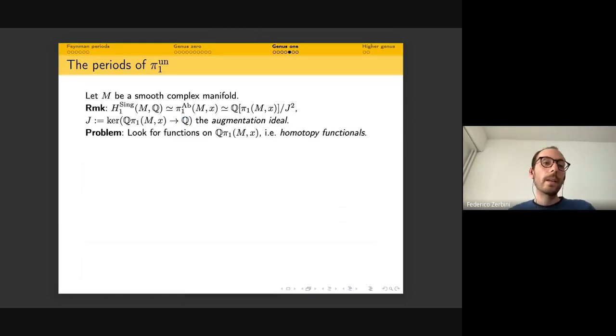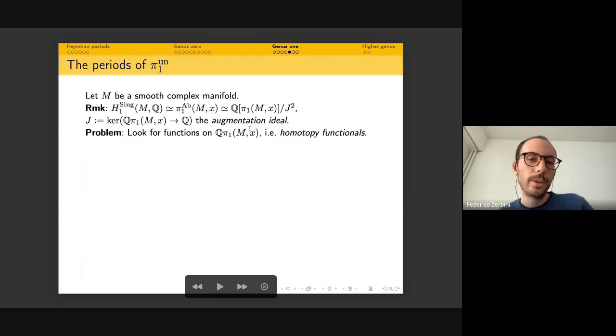And if you pose the following problem, you look for functions on the group ring Q pi 1 which are homotopy functionals. Well, you're kind of generalizing the problem of looking for functionals on the homology group, because this is in some sense a quotient of this group, but you would like to consider the whole group ring.